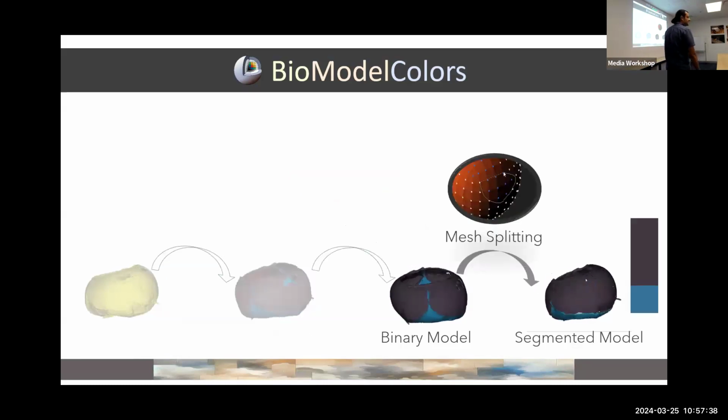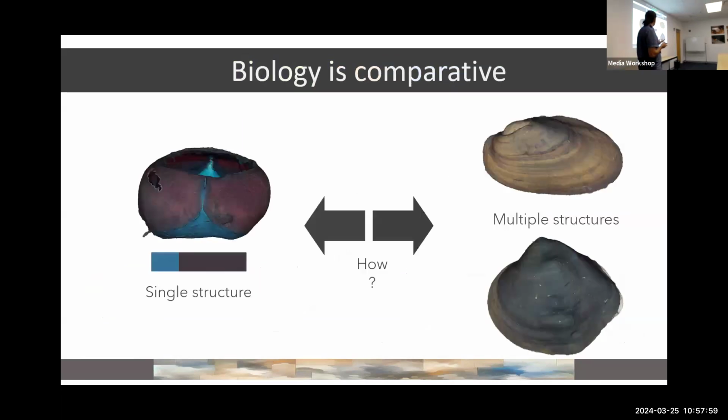Once you have that, you can split your mesh into 2 pieces, segment your 3D model, and calculate some measurement of what percentage of the mesh is bone and what percentage is cartilage. That worked well for the kind of thing they were aiming for. But ultimately, it's something that is not that satisfying.